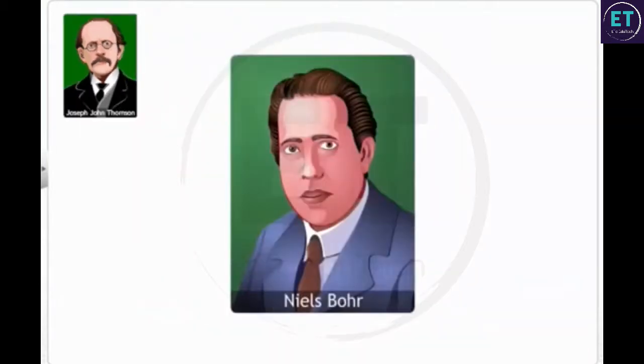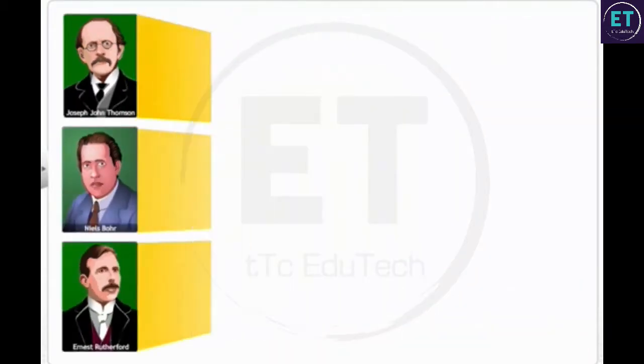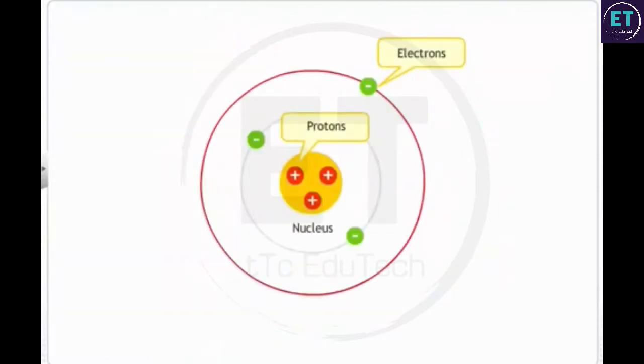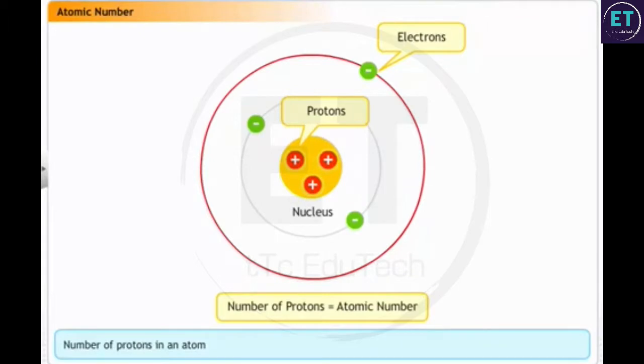Scientists propose that an atom is made of two kinds of particles. The positively charged particles are protons, and the negatively charged particles are electrons. Every atom of an element has a fixed number of protons in its nucleus. This fixed number of protons is referred to as an atomic number.